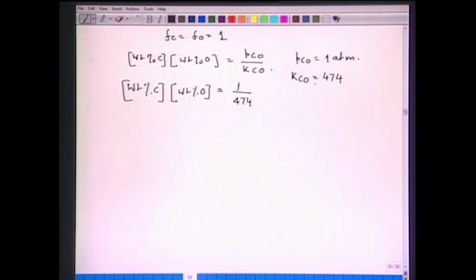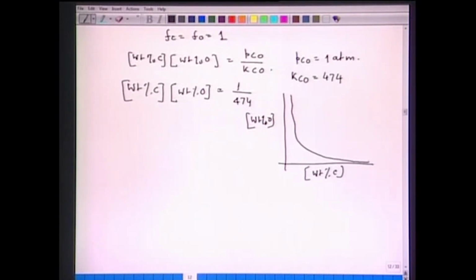Now, this value of 474 is at 1873 Kelvin. What we can do? We can plot. So, if we plot, say, weight percent O against weight percent carbon, then we get this sort of relationship.